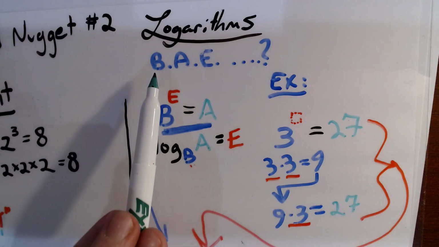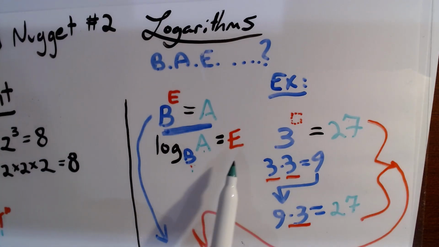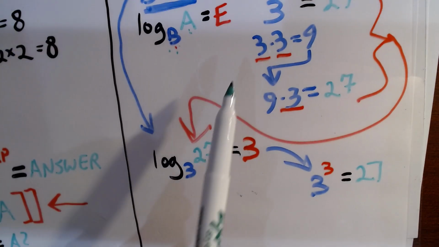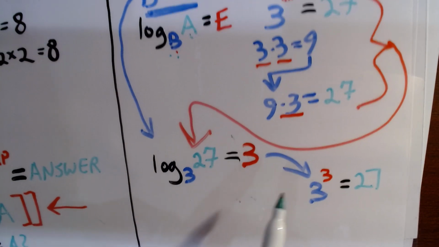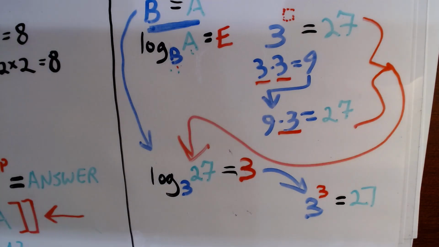BAE, base, answer, exponent. Why I'm hammering this into your head is because right now, obviously all the operations we're doing here are memorization based. And that's all fine and dandy.